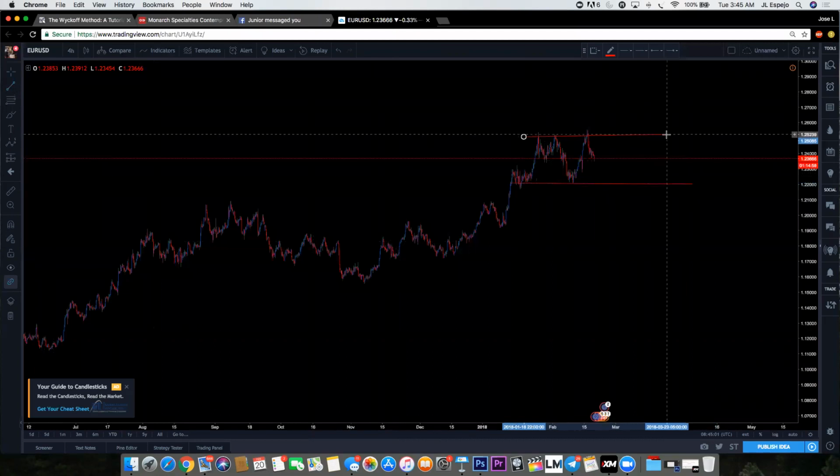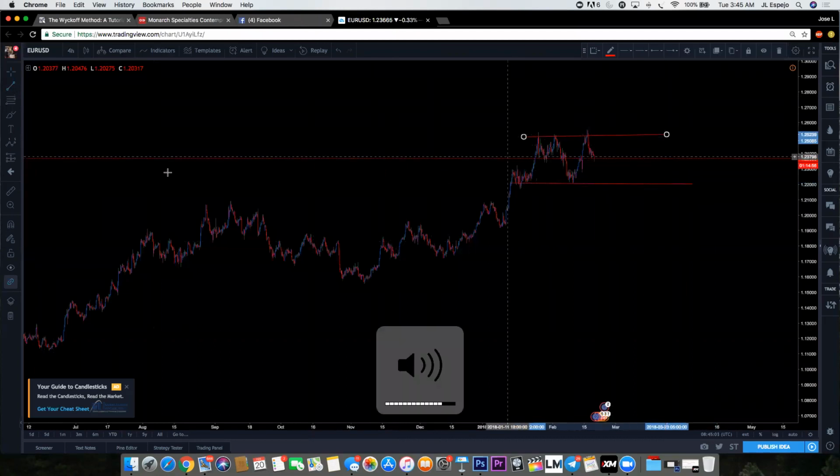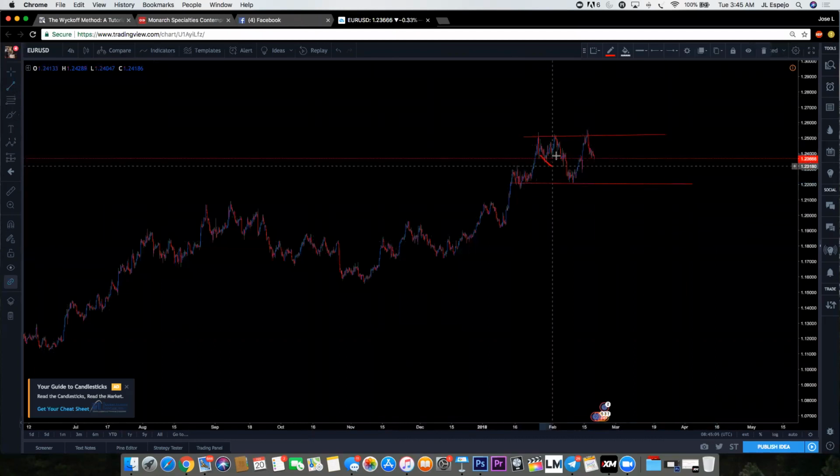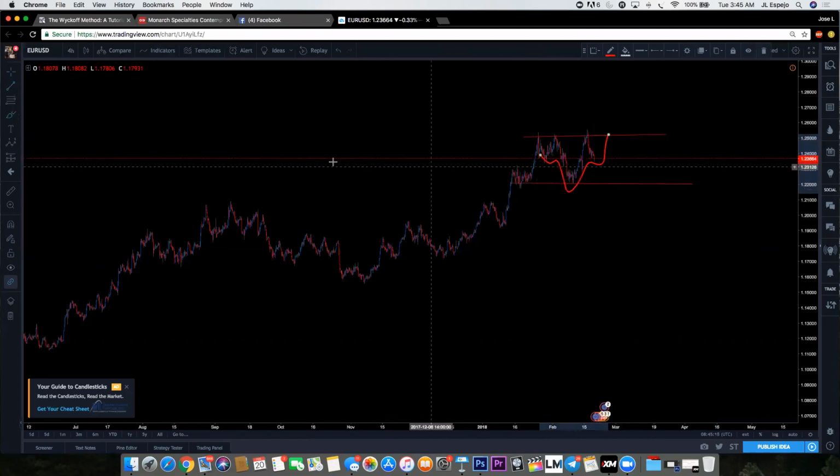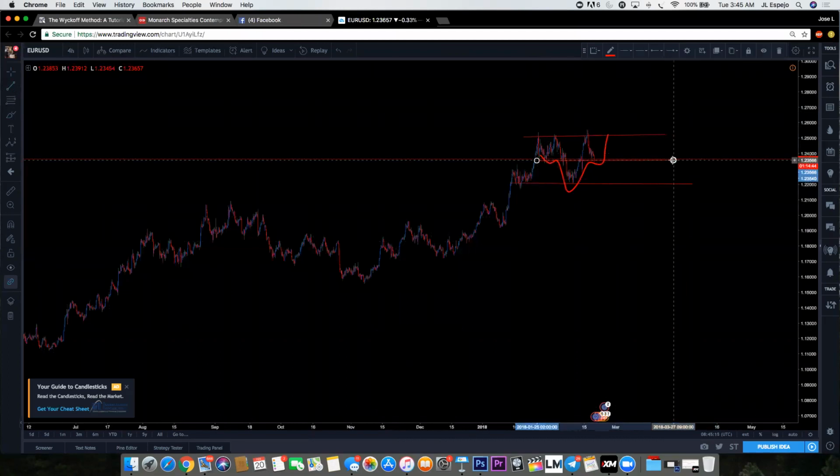Is there an upside down head and shoulders forming right now? It can be. It has to finish this. So what does that mean? It has to respect this support area here.